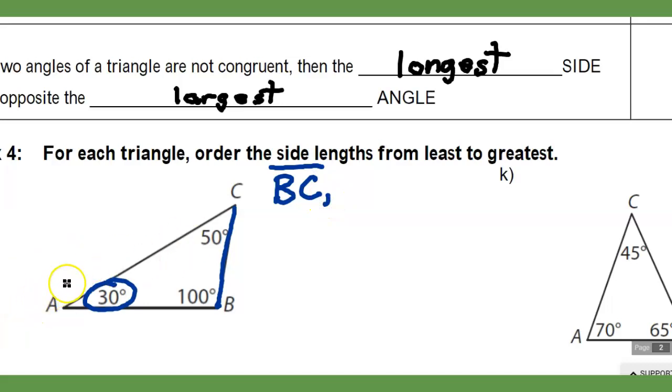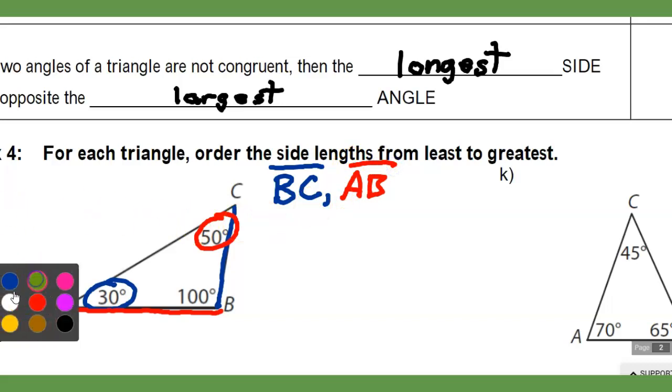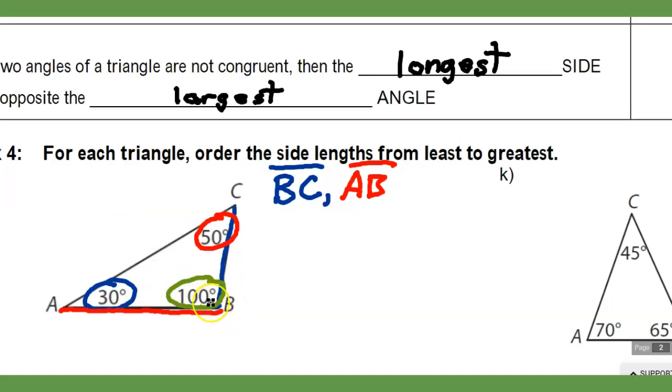Find the next smallest would be angle C. And if you have ABC and you take out letter C, you're left with just AB, which is across from. And then lastly, largest angle is angle B. If you have ABC and you take out B, you're left with AC.